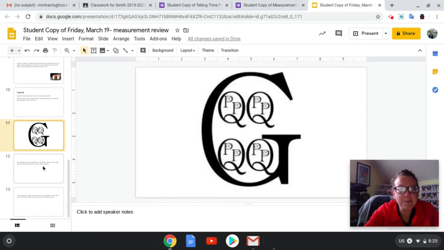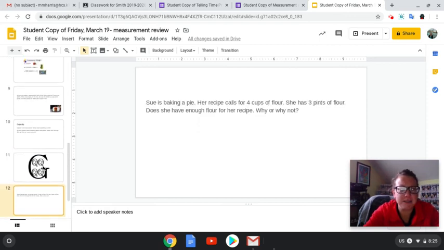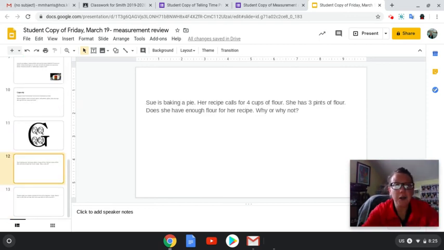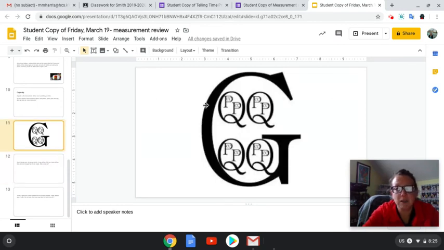So let's talk about some of our measurements. Sue is baking a pie. Her recipe calls for 4 cups of flour. She has 3 pints of flour. Does she have enough flour for her recipe? Well, if we look back, her recipe calls for 4 cups, so she needs 1, 2, 3, 4 cups.